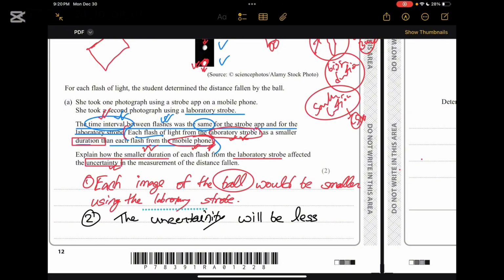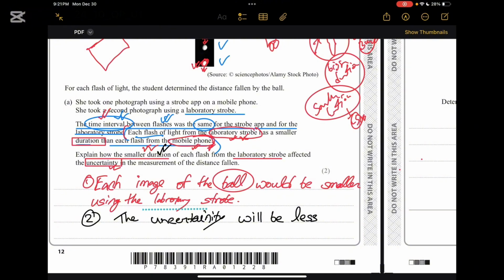In short, to help you understand this to a much better extent: they have asked about the smaller duration. Smaller duration means smaller image. Why a smaller image? Because the object moves less during the flash, resulting in a sharper, more compact image. And smaller duration also means less uncertainty. Why?